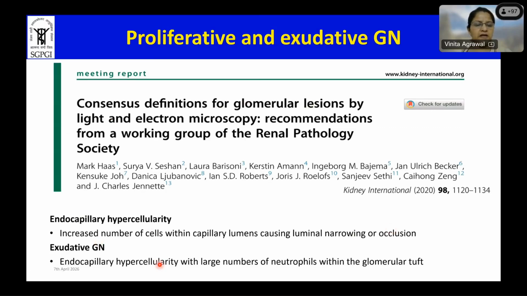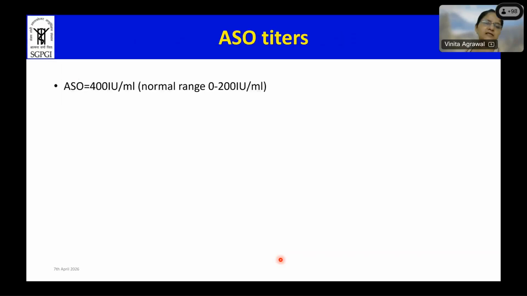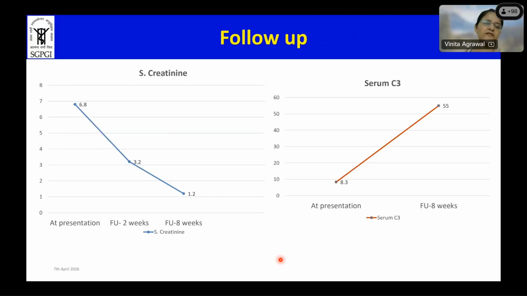And what is exudative? When you have endocapillary hypercellularity with large number of neutrophils. So in this case that I showed you, this was a patient with proliferative and exudative glomerulonephritis. Okay, in this patient, the ASO titers were raised, and on follow-up, the serum creatinine fell.